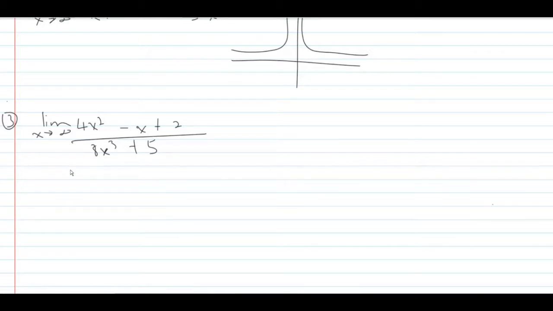But let me go ahead and show you this for this first example. So this is what we'll have: 4 times infinity squared minus infinity plus 2, and all of this over 8 times infinity cubed plus 5, right?